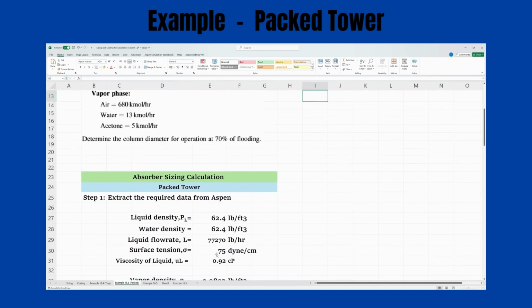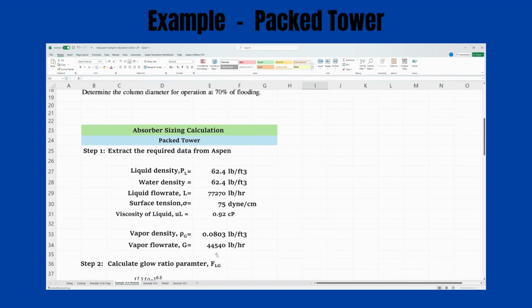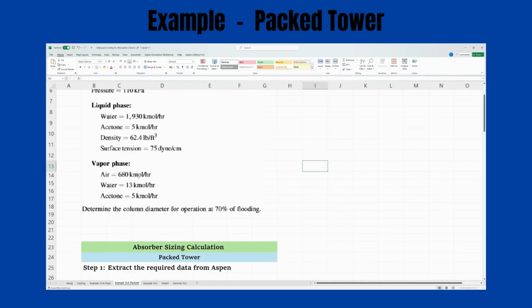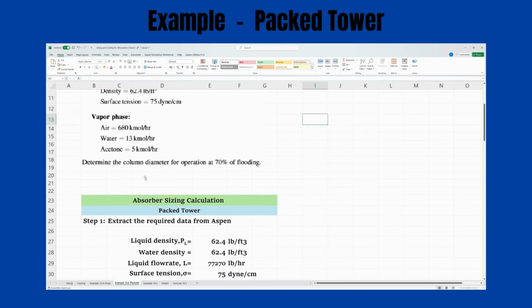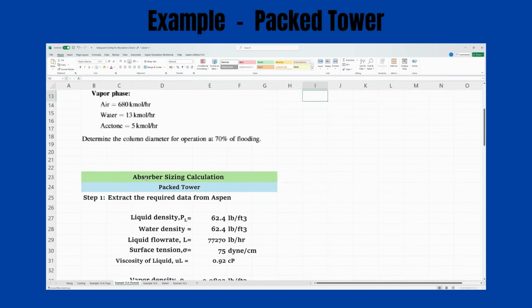So for step 1, because we require the viscosity of liquid and liquid density, in the liquid phase it is a mixture, so it is very difficult for us to find the viscosity. To make it easy, we can extract the information from Aspen.